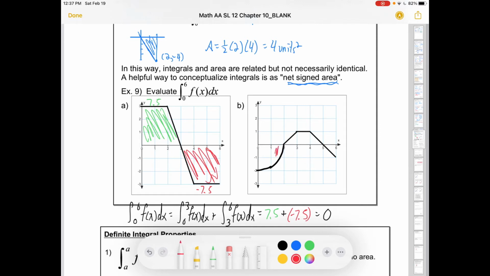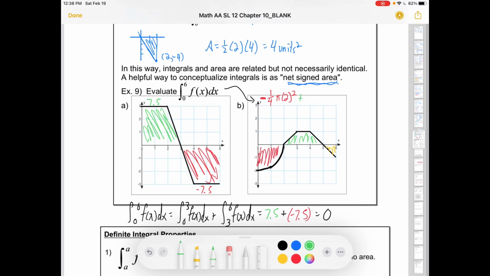So right here, I've got some stuff below the x-axis. Right here, I've got above. And right here, I'll do it in yellow, I've got some stuff below the x-axis. So if I wanted to find this full integral from 0 to 6, I'd have to figure out, okay, how much is that first red one? Well, it's 1/4 of a circle with a radius of 2, but it's counted negatively because it's below.